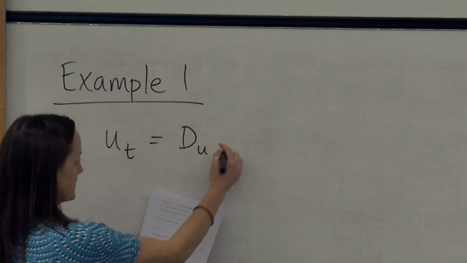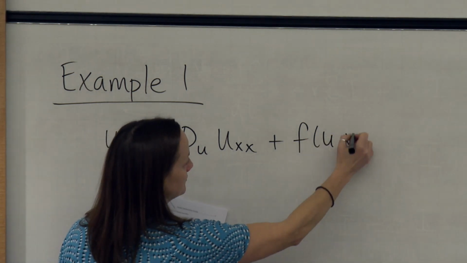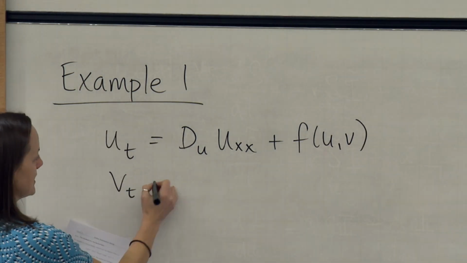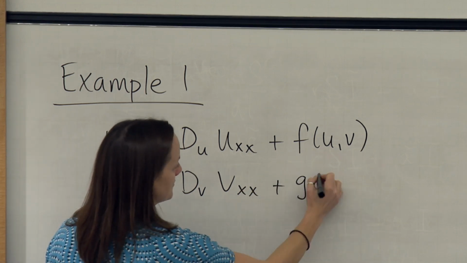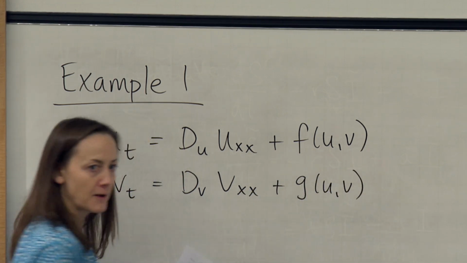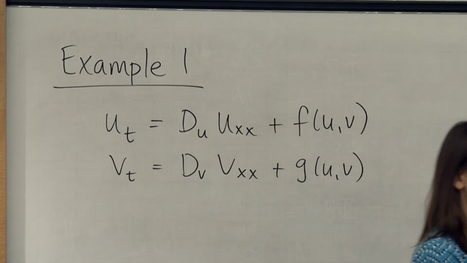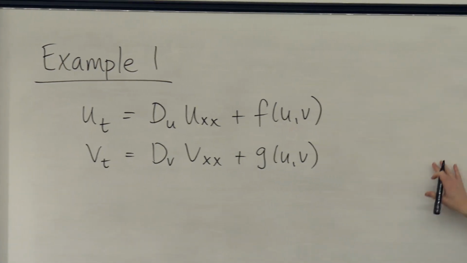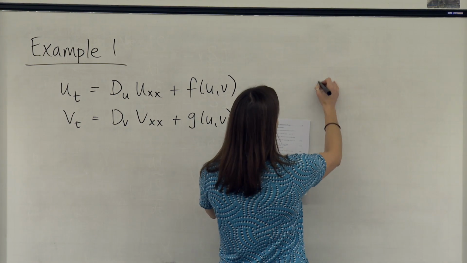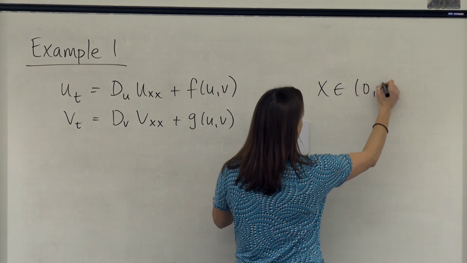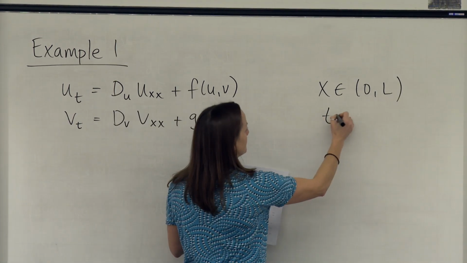So UT is du uxx plus f of u and v, and vt is equal to dv vxx plus g of u and v. On the problem sheets there are plenty of examples with specific u and v, and we'll look at one in a minute as well. I want x to lie between 0 and L, t greater than 0.